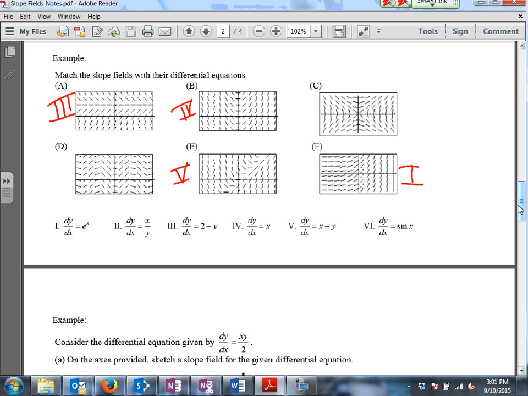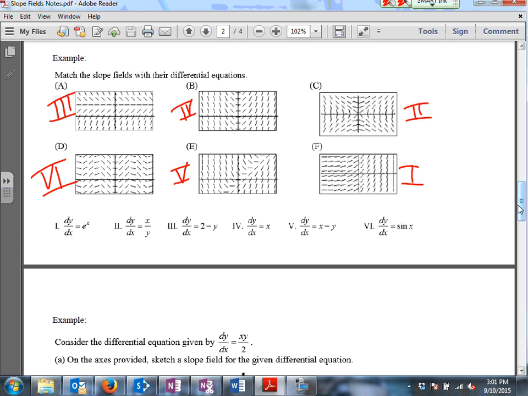It's sine or cosine, right? The only option is sine, so it's sine. Which leaves C to be what? 2. Because it's the last one left. That's how you do it. Thank you for adding to it.